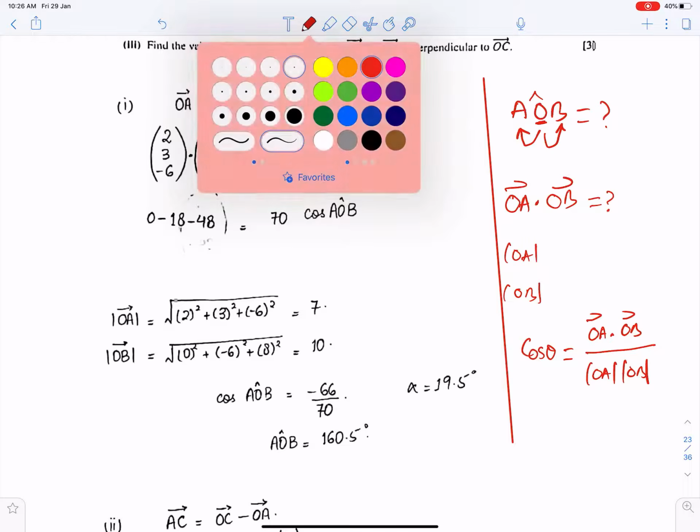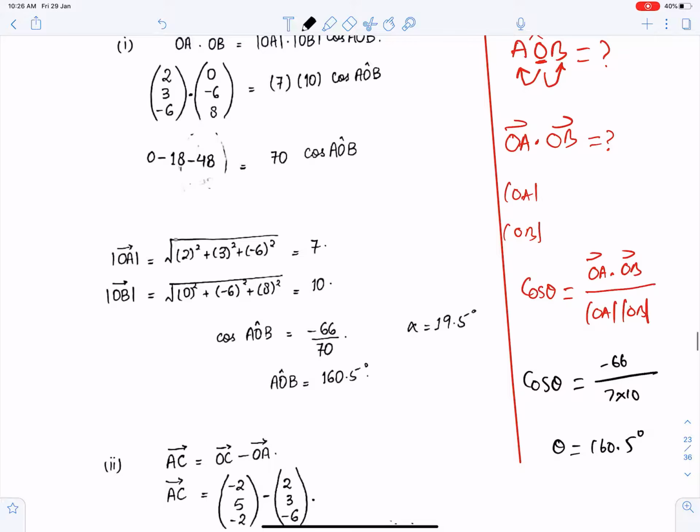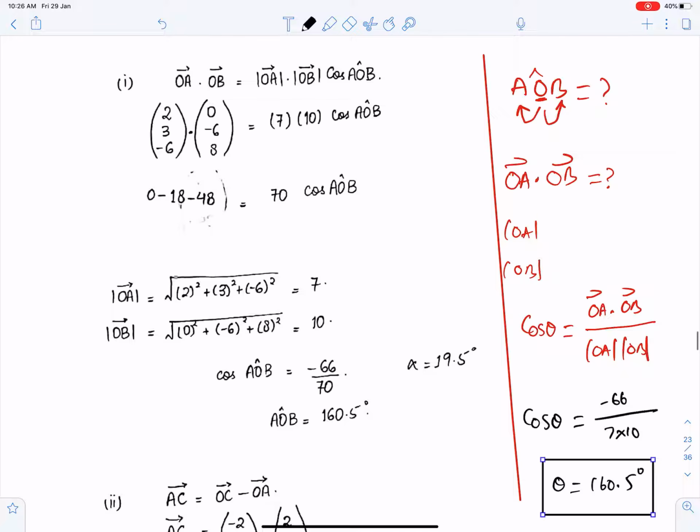You can calculate the angle in this form as well. So by substituting the values of the vectors OA dot OB here and magnitudes here, we can get the angle theta. It's 160.5. You can use any method. They both are fine.